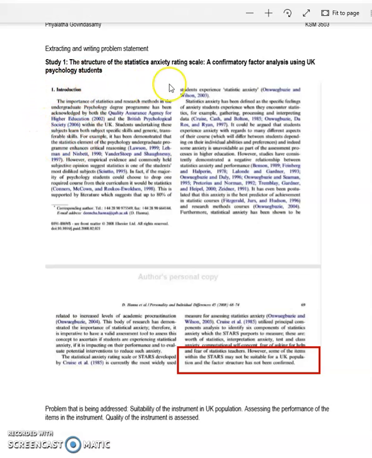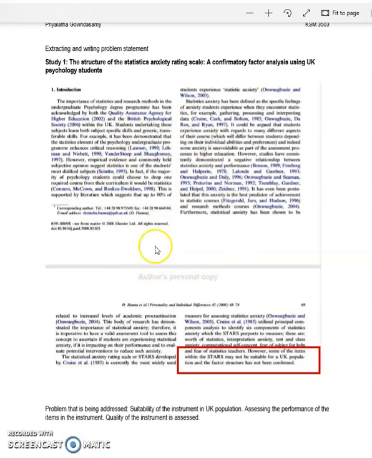This introduction, if you notice, is almost two paragraphs. There is a red box that I have put in. What is the red box trying to say? The red box is actually the problem that has been studied by this paper.